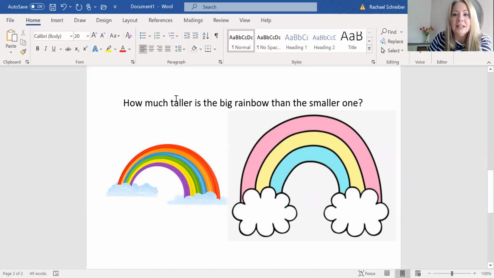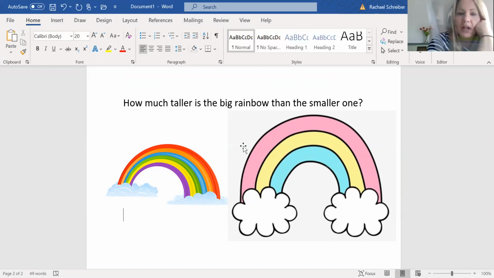So I need to measure, and because we've been using centimeters, I am going to make sure that I use the centimeter side of my ruler. And because we are measuring heights, I'm going to go from the bottom. I'm going to line up the bottom of a cloud in the middle using this 0. I wish I could show it to you, but I just can't.